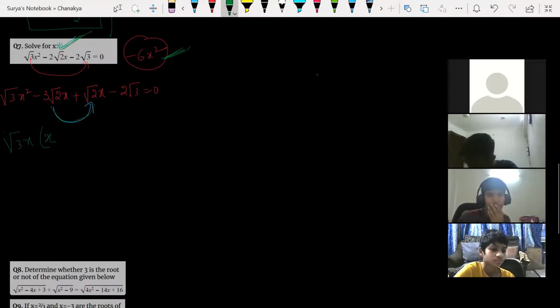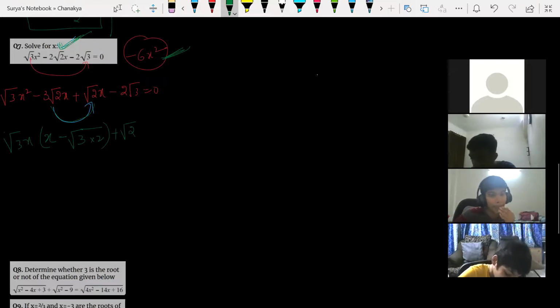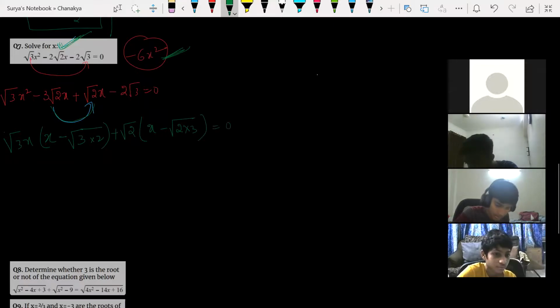I'll be remaining with 1x here minus root 3 into 2 plus 2 root x, root 2 common. So here x minus root 6 into root 3 is equal to 0.